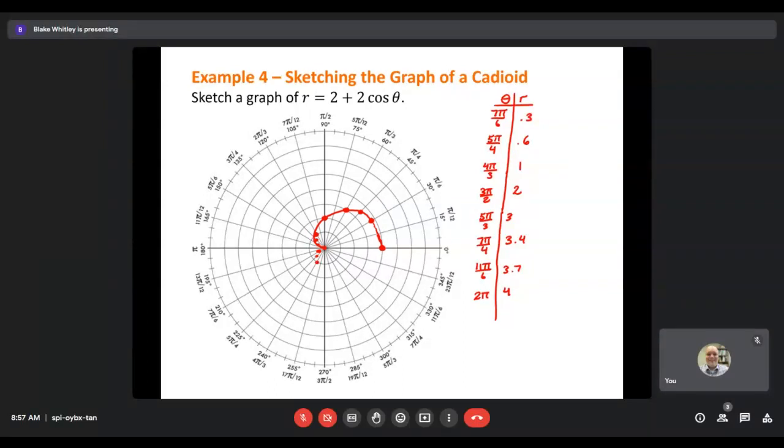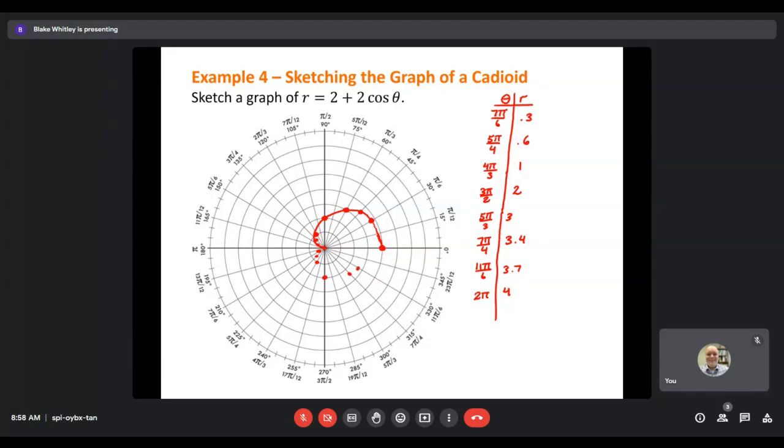So that's right here. 3 pi over 2, our radius is 2. So we're here. 7 pi over 4, 3.4. Here. 11 pi over 6, 3.7. Here. And then finally at 2 pi, we're back where we started with a radius of 4.